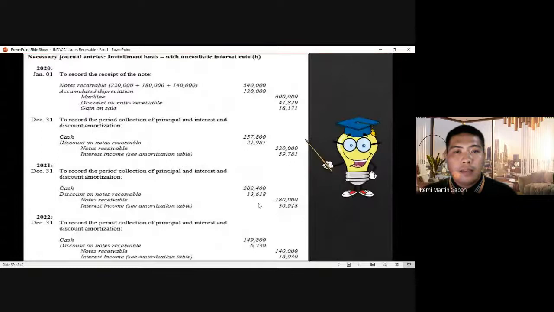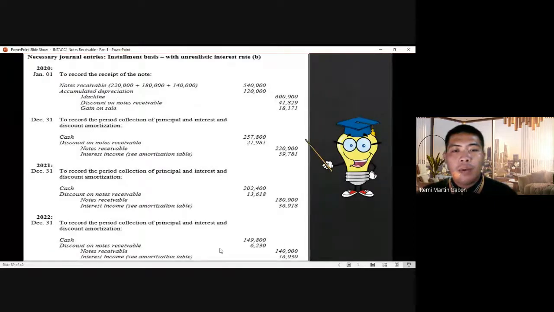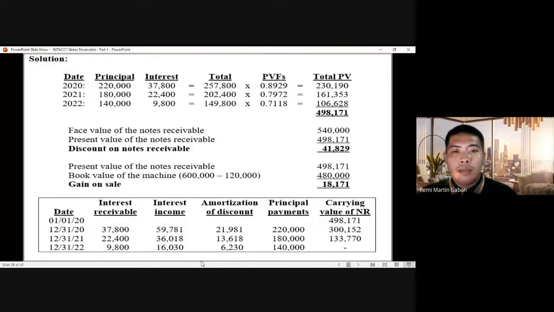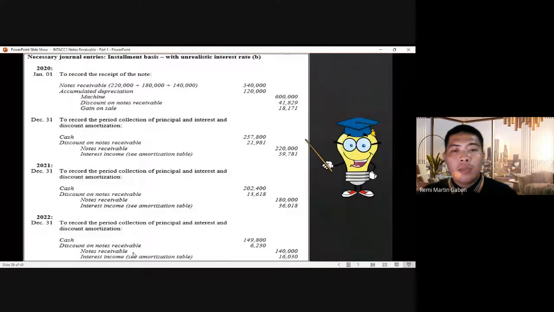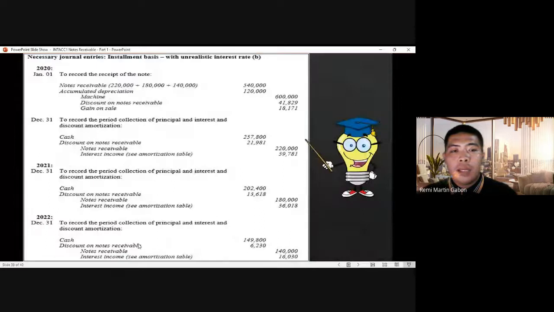Then last, in 2022, debit cash, 149,800. Debit discount on notes receivable, 6,230. Credit notes receivable, 140,000. Then credit interest income of 16,030.